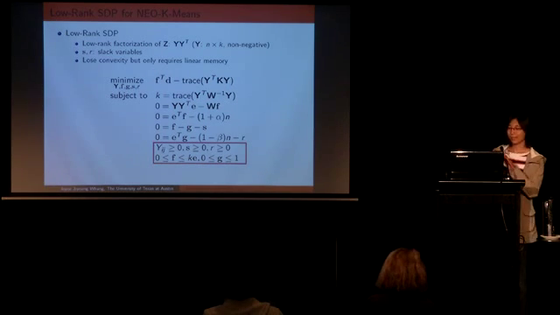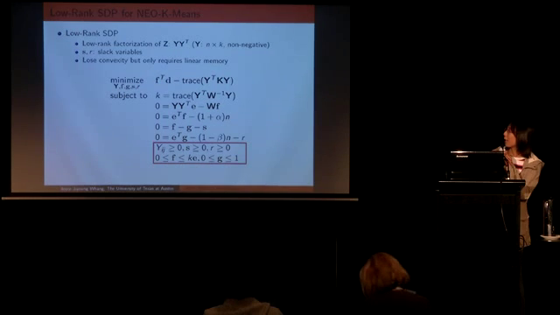So now we need to think about the low-rank factorization of the SDP solution, which Yangyang will present. Thanks. The low-rank SDP is a standard technique to tackle large-scale SDP. Here we propose optimizing a low-rank factorization of the solution matrix Z by YY transpose, where Y is an n by k non-negative matrix.